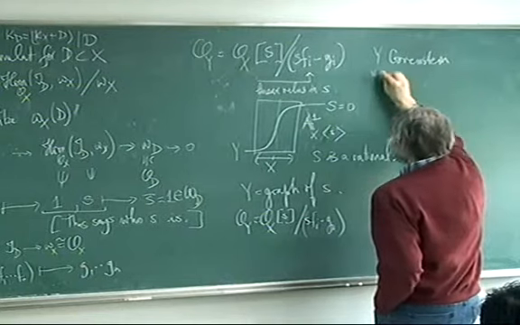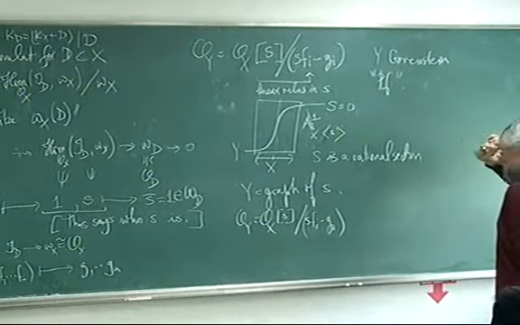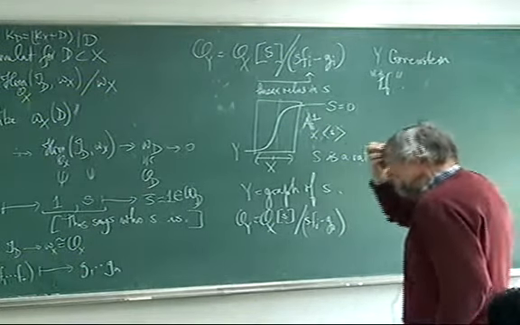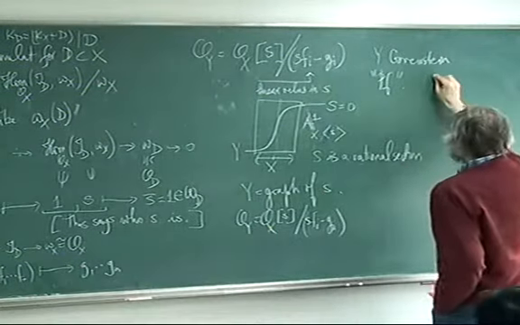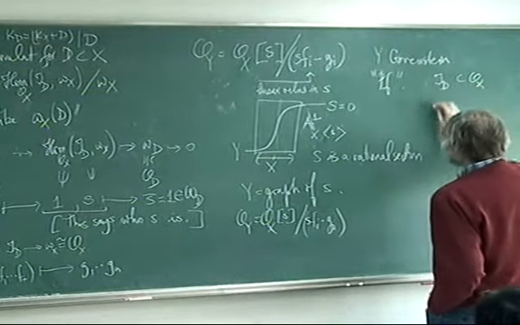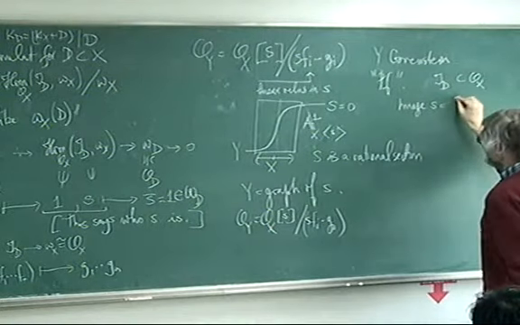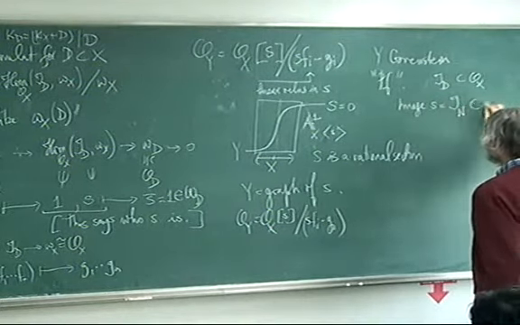Let me give a kind of pseudo proof. It's not entirely correct, but the point is that I have ID in OX, and I have the image of S times ID in OX.